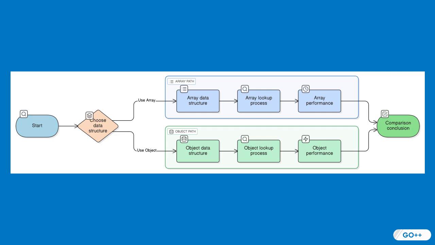Arrays shine when you need to preserve order, support flexible traversals, or work with small to moderate datasets. However, as soon as you need to answer questions like, does this product exist? Or show me the details for product 1234 instantly, the array's sequential nature starts to slow you down.